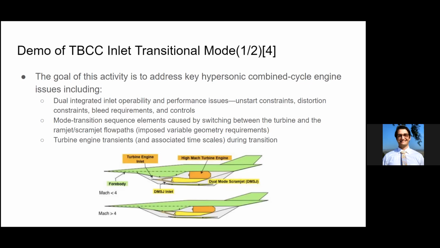Looking at mode transition sequence elements caused by switching between the turbine and the ramjet scramjet flow paths, and then turbine engine transients and the associated timescales during those transitions. So looking at how quickly the inlet moves and transitions between the high Mach turbine and the scramjet, and what effect that has on performance.